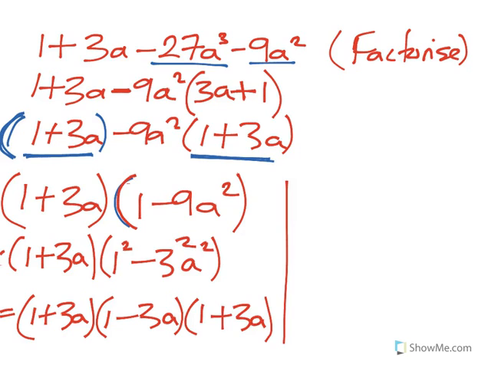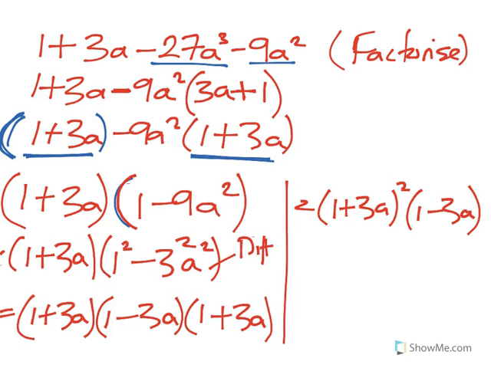So the final answer, because 1 plus 3a is repeating twice, you will have 1 plus 3a squared times 1 minus 3a. Again, remember this is a difference of 2 squares.